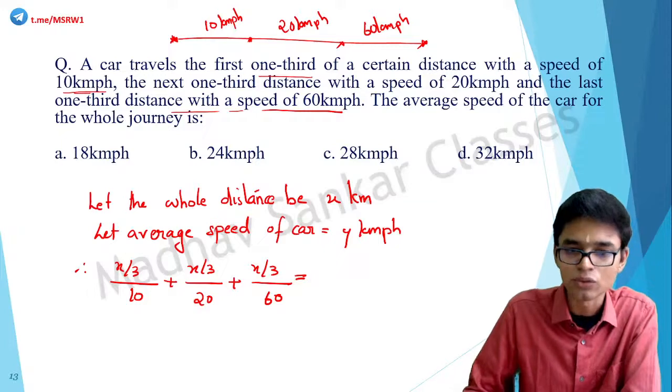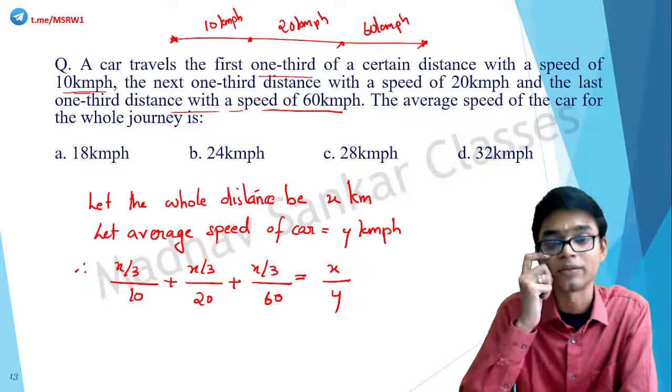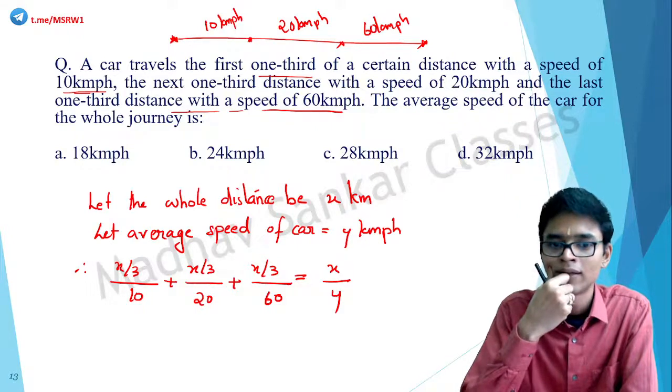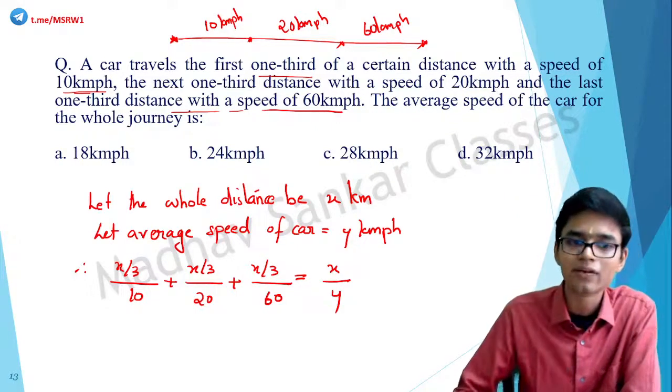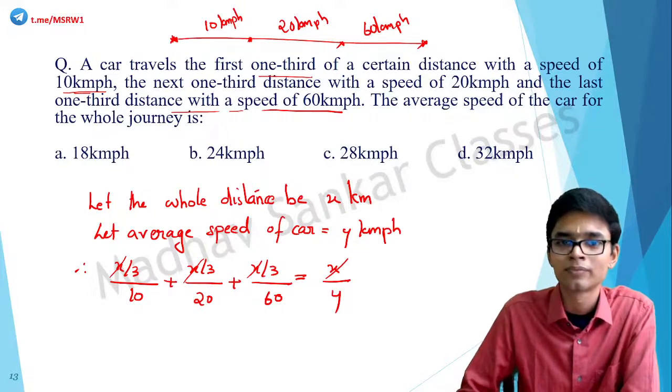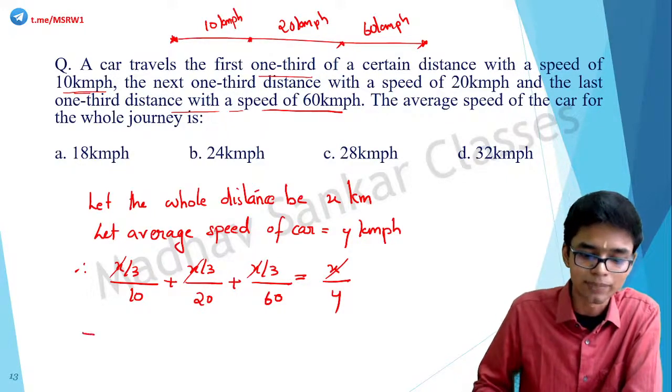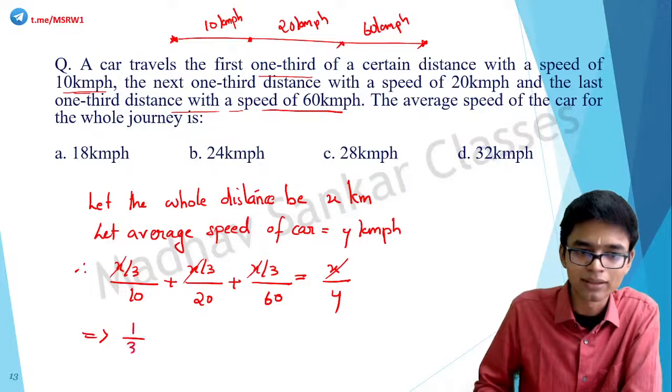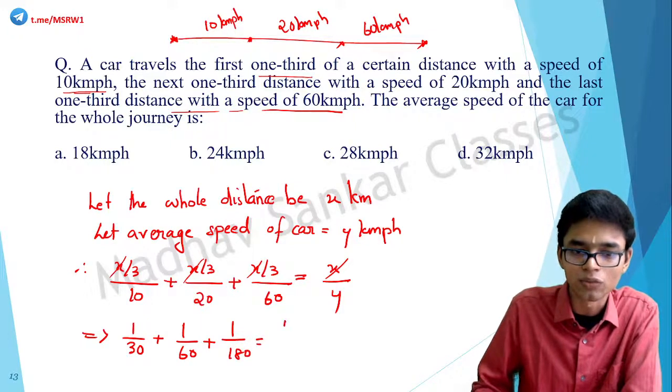This is equal to total distance by total time, or average speed. Correct? Because we have x in the numerator as common, we can cancel that out. Now, this implies 1 by 30 plus 1 by 60 plus 1 by 180 is equal to 1 by y.